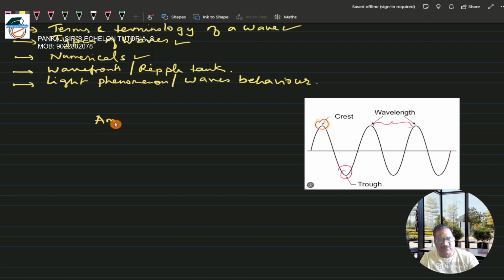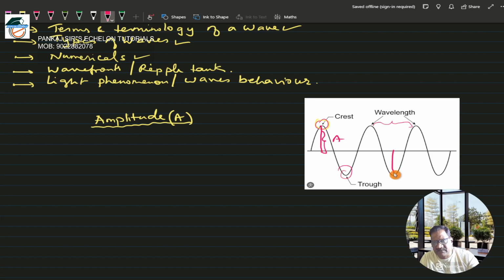Amplitude is generally denoted by a capital A. I'll show you on this wave: this particular distance of the peak from the line of equilibrium is known as amplitude. For that matter, even this will be amplitude.